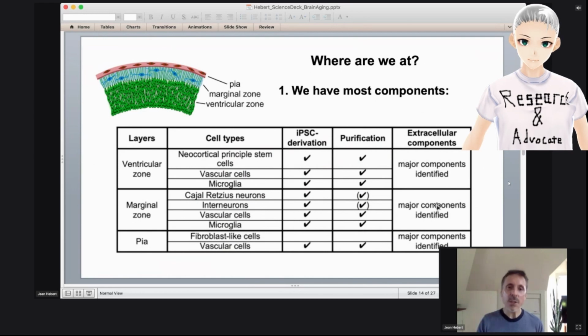It's not just the cells that are important here, it's also the extracellular environment, to make sure that these cells kick off the right developmental program from the start. So we're doing proteomics to identify the extracellular components that surround these cells in each of the different layers.